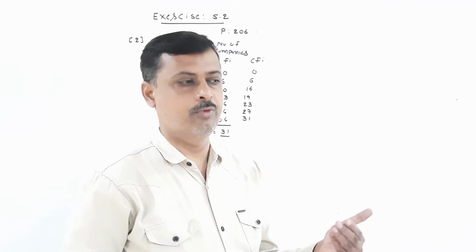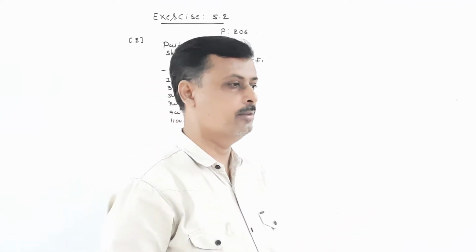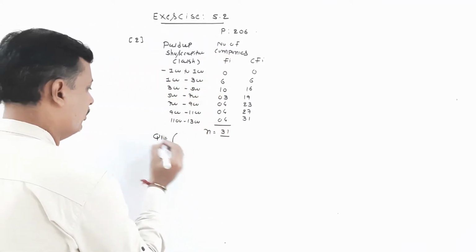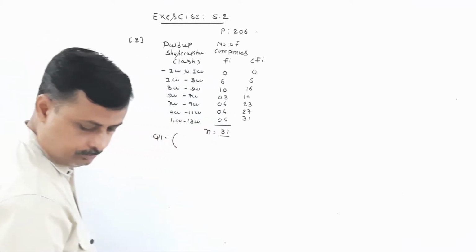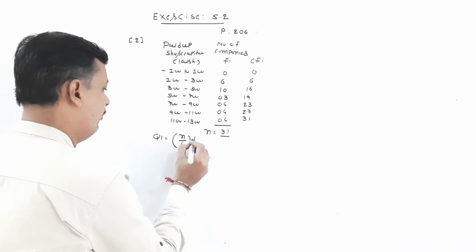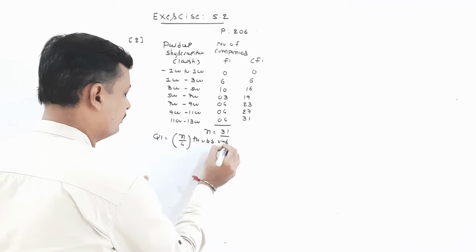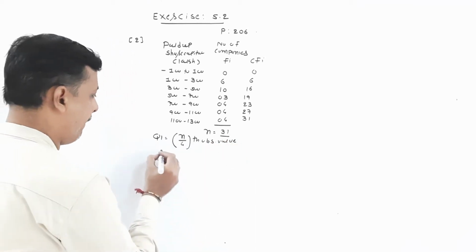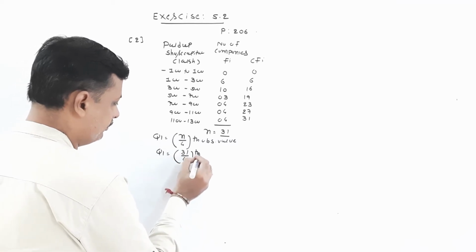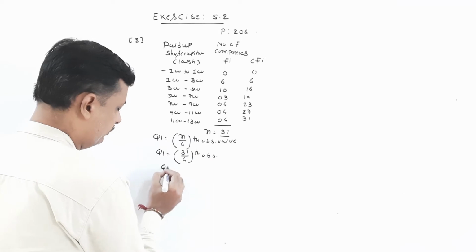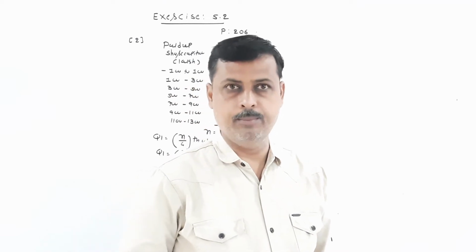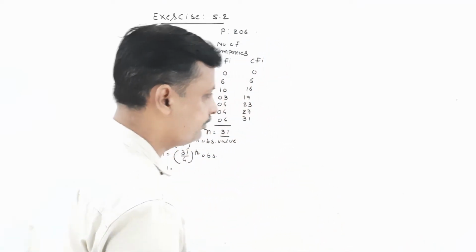First we have to find Q1, first quartile Q1 is required. Apply the formula for Q1: n/4th observation value, n is equal to 31 divided by 4, so 31 divided by 4, that is 7.75th observation.